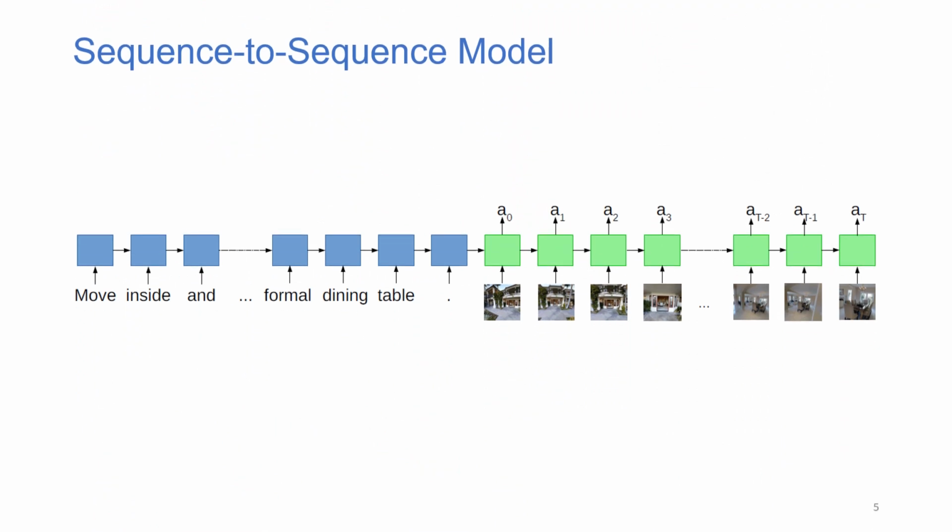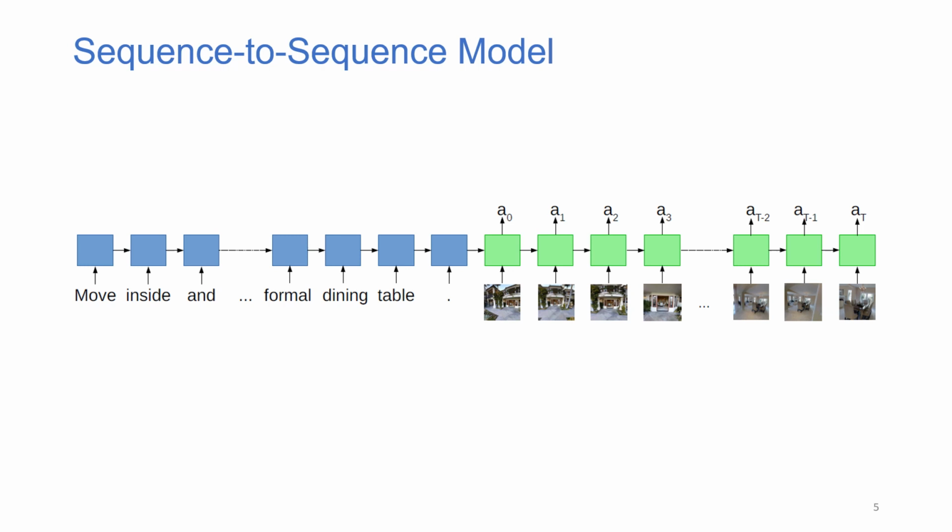Here you can see the basic diagram of a sequence-to-sequence model. As the name suggests, this sequence-to-sequence model takes a particular sequence into account and outputs another sequence. Now these sequences can be natural language instructions, or a sequence of visual images. It can vary.